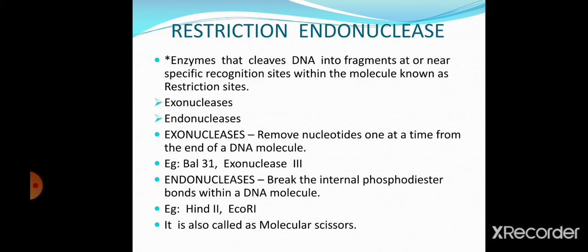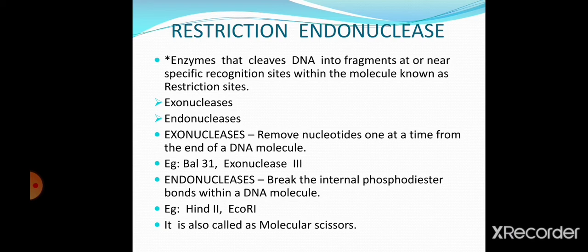Here, phospholipid such as lecithin has two ester groups. So this is called phosphodiester bonds. Here endonucleases means what? These enzymes break the internal phosphodiester bonds within the DNA molecule. Example, Hind II, EcoRI.